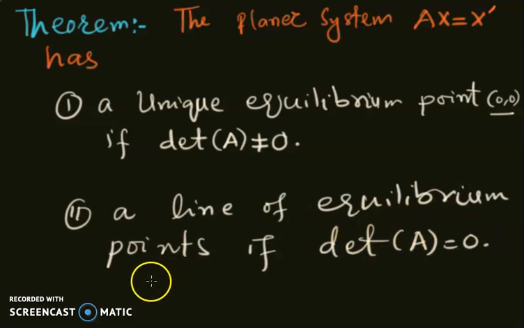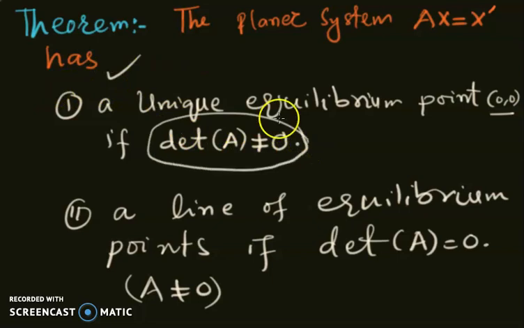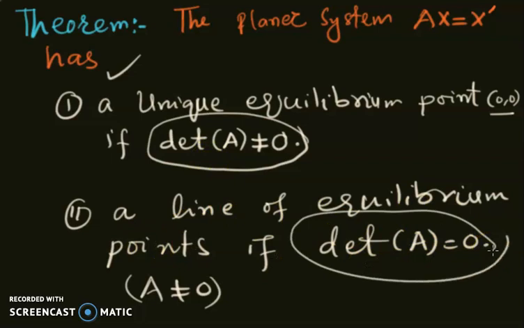So in this case we assume that A itself is non-zero, but determinant of A is 0. So there are two things: one is a unique equilibrium point when determinant of A is non-zero, and a line of equilibrium points if determinant of A is 0.